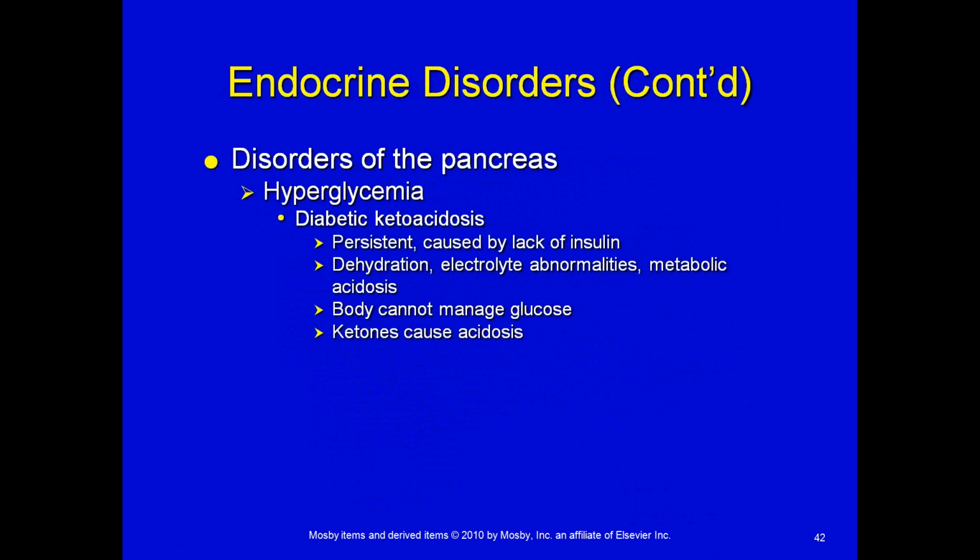And because sugar's not going into the cells, they choose to metabolize without sugar, and in order to make energy, then they'll burn fat. And that fat metabolism leads to ketone production, and ketones, a byproduct of fat metabolism, ketones are acids.